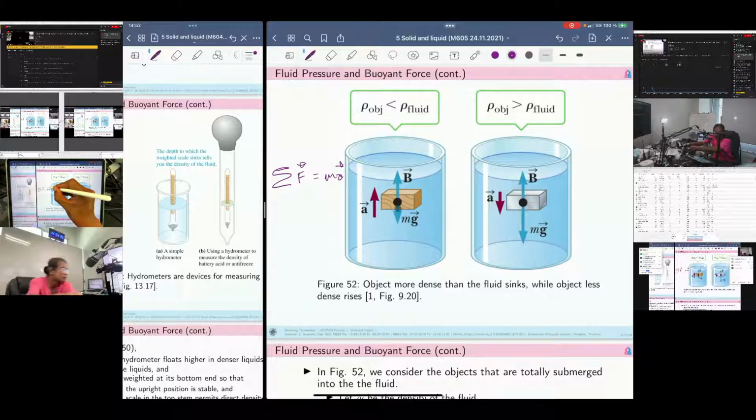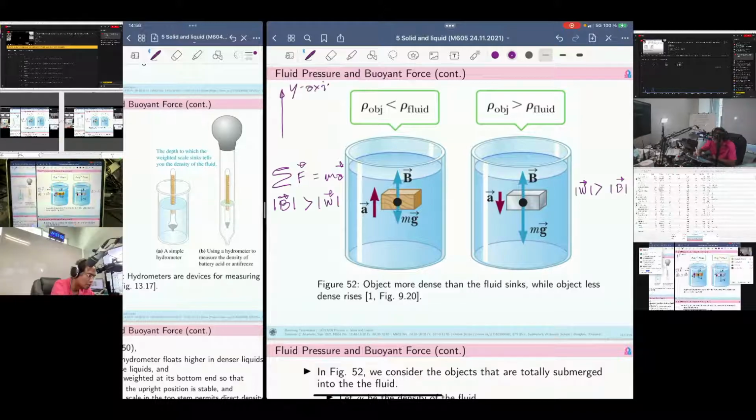So you would be able to see how nature makes a decision. From the second Newton's law here, let's say everything pointing up, like the y-axis, is positive.